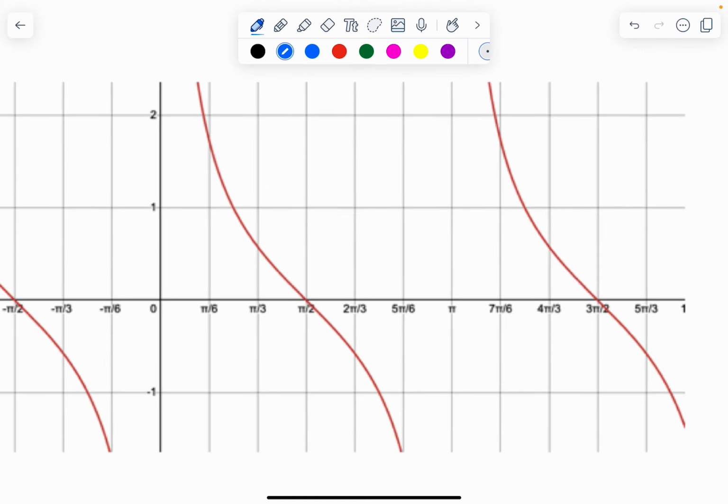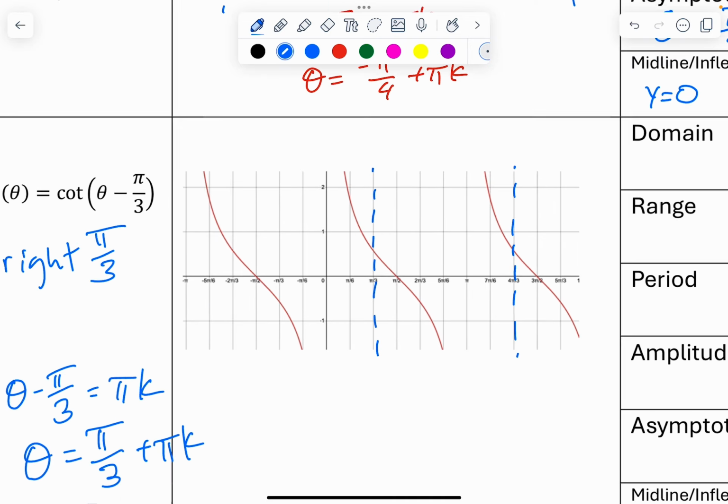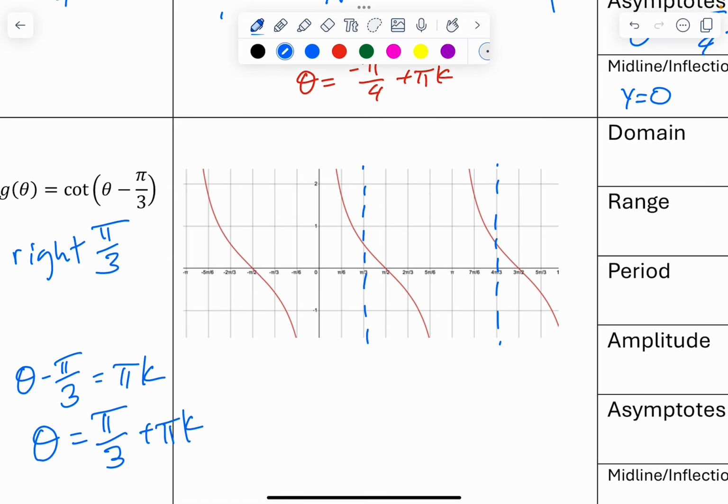The asymptote that used to be at pi, I move it pi over 3, and now we're here. And the one that used to be at pi would come to here at negative 2 pi over 3.